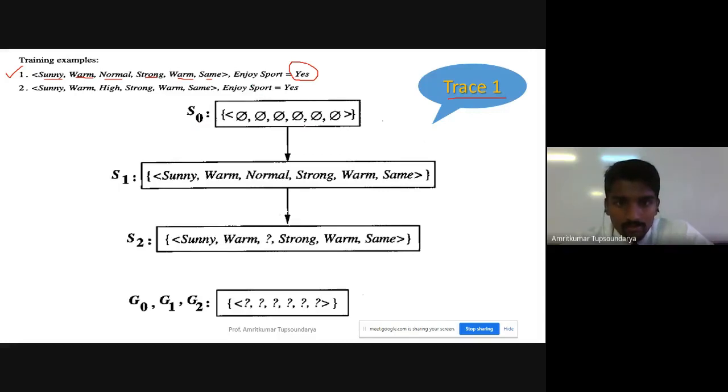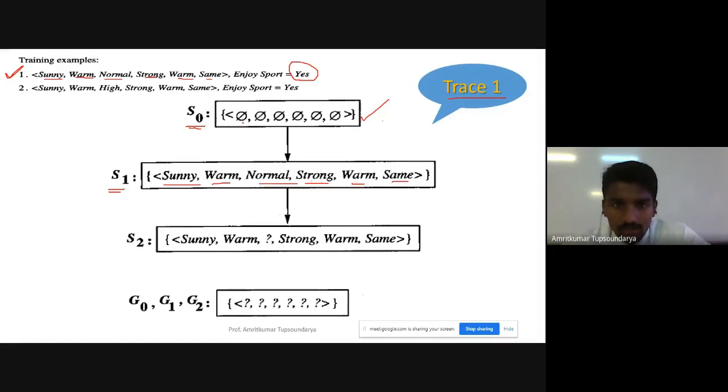So S0, which was the most specific hypothesis with all the ∅ values here, now becomes more general, which is not actually general, but it is minimally less specific than the previous one. For example, S0 was the most specific, but after tracing the first positive example, we have S1, right? So we have the values of the attributes as sunny, warm, normal, strong, warm, and same.